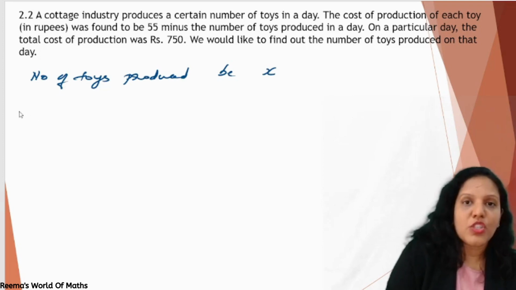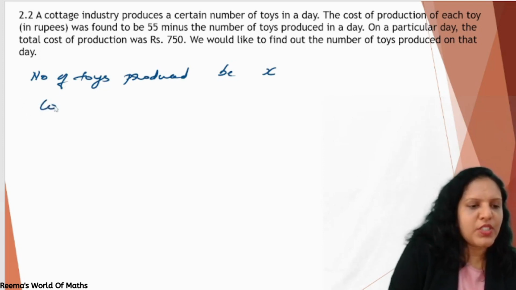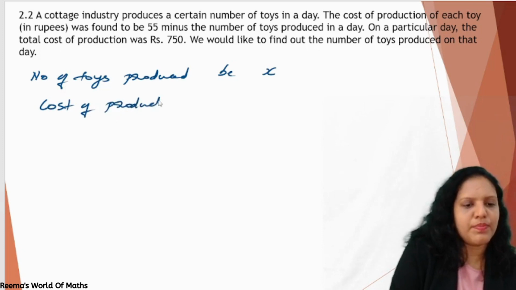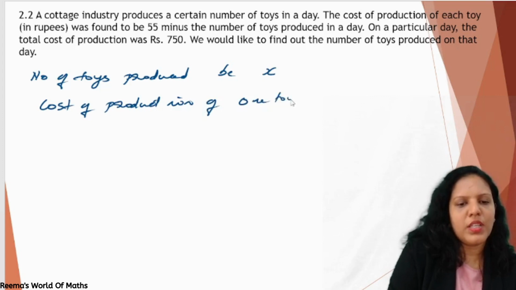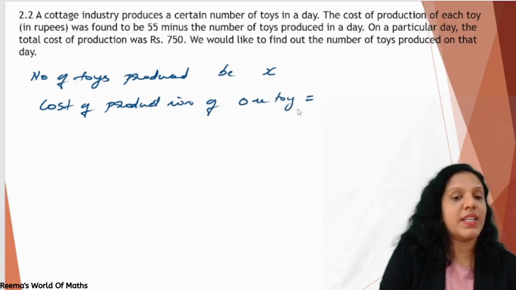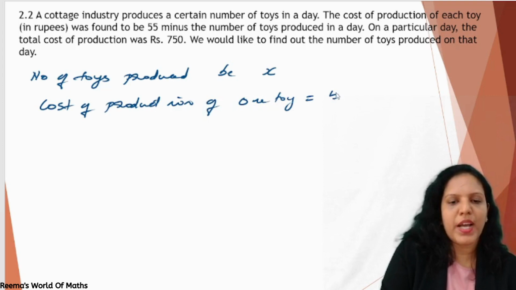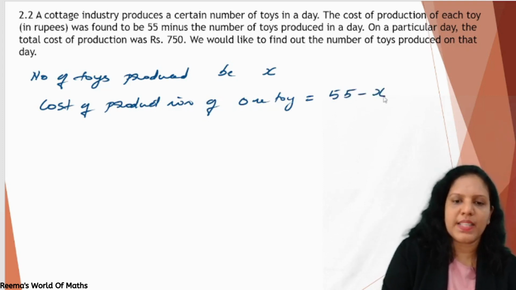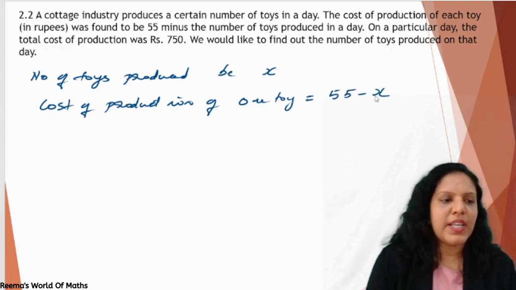So that is the cost of one toy: 55 minus the number of toys produced in a day, 55 minus x. On a particular day, the total cost of production was rupees 750.